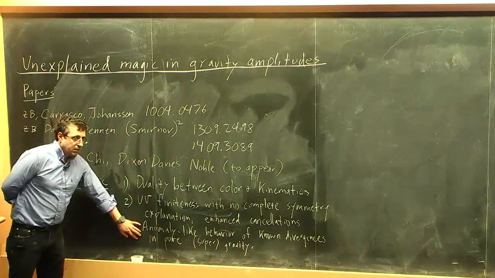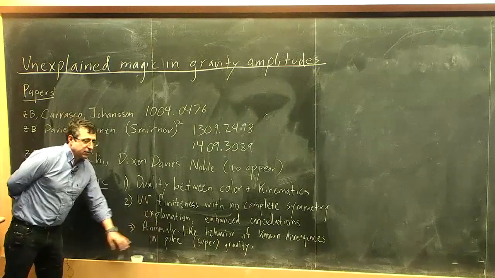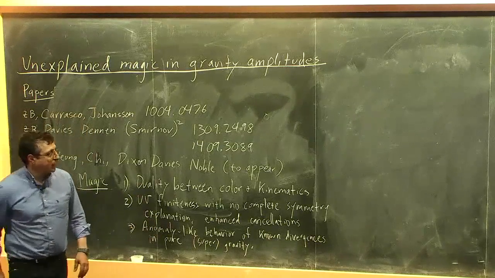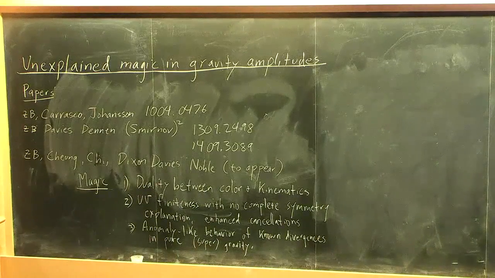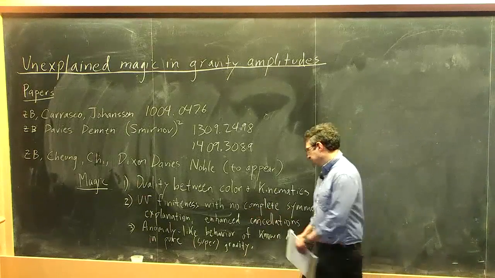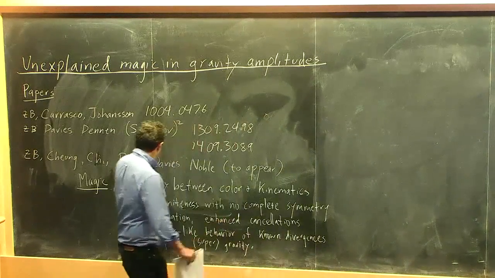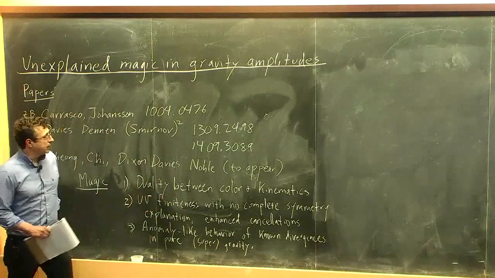But I'm going to show you that it has a very curious structure. It looks like it has to do with anomalies. Okay? So first, let's get going on the duality between color and kinematics, because that's going to play a role in the surprises with the ultraviolet finiteness.